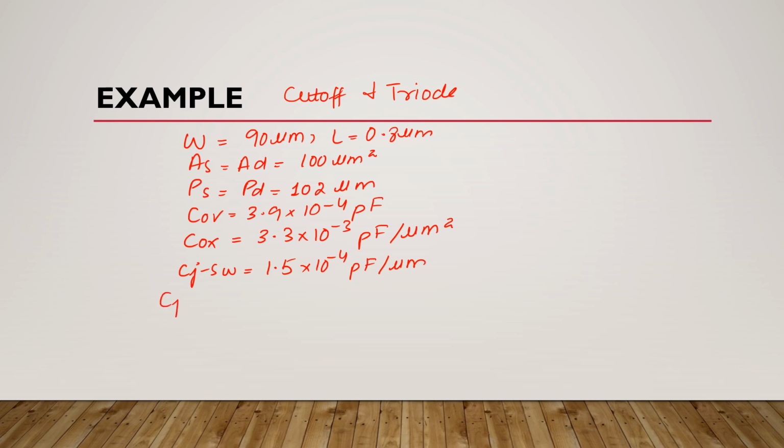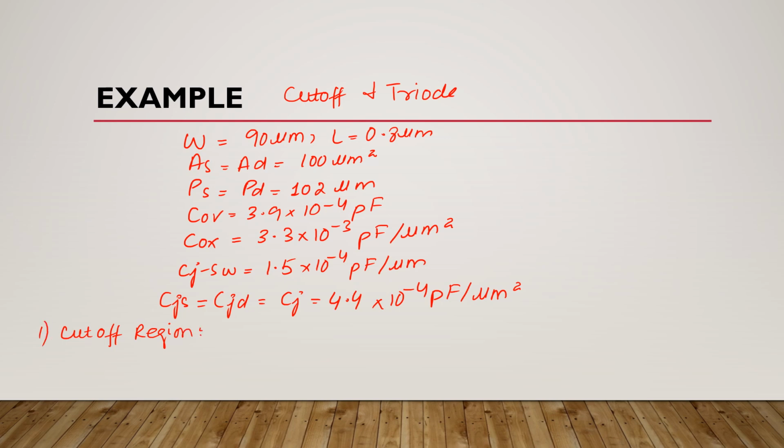Here source junction capacitance is equal to drain junction capacitance, and they are equal to junction capacitance, and they have the value 4.4 into 10 raised to the power minus 4 picofarad per micrometer square. Okay, now first we will find capacitances in cutoff region.